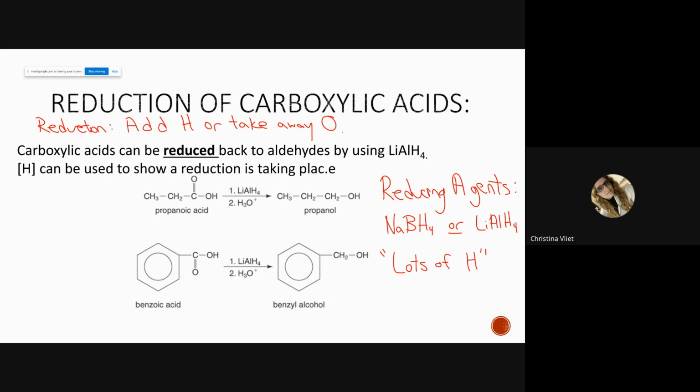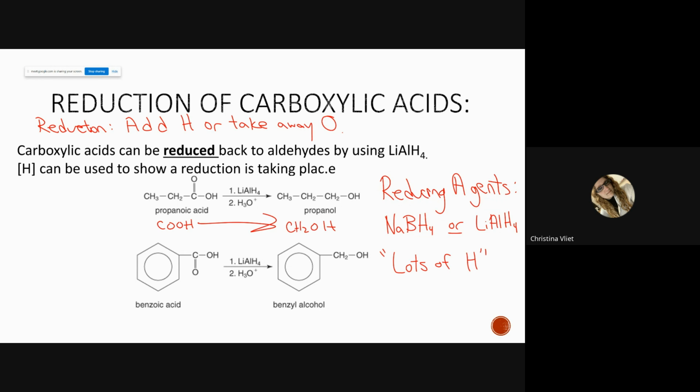Lots of oxygens means you're going to be doing an oxidation. And so what you'll notice is this is the inverse process. A carboxylic acid will turn back into an aldehyde, but automatically that turns back into a primary alcohol. So you've got COOH going to CH2OH. Reducing: add hydrogen, take away oxygen.